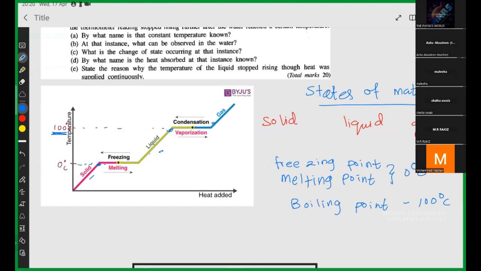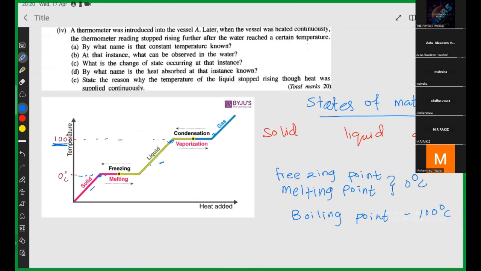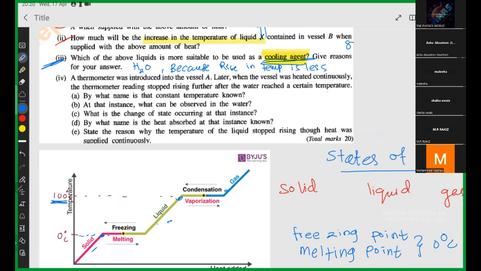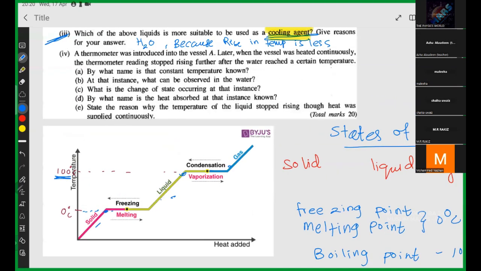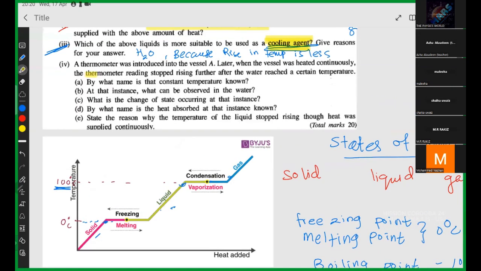Now remember, we'll answer the question. While answering, we'll explain the others. A thermometer was introduced into a vessel. Later, when the vessel was heated continuously, the thermometer reading stopped rising further after the water reached a certain temperature. Okay. They have mentioned that the thermometer reading stopped rising further.